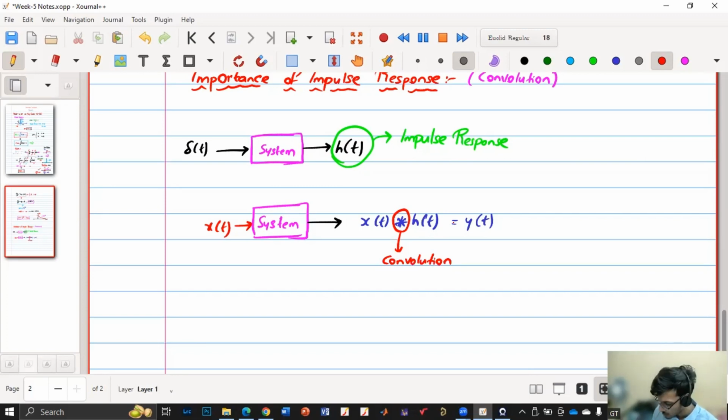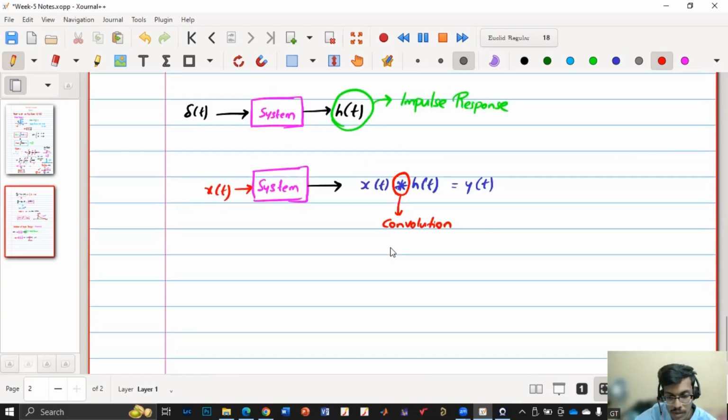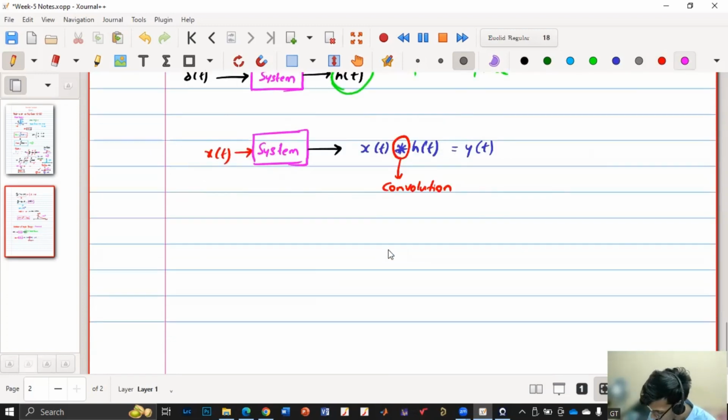Okay, and how is this defined? x1 convolution x2, or maybe I should use x1 of t because they are time varying functions. x1 of t convolution x2 of t is nothing but the integral from minus infinity to t.